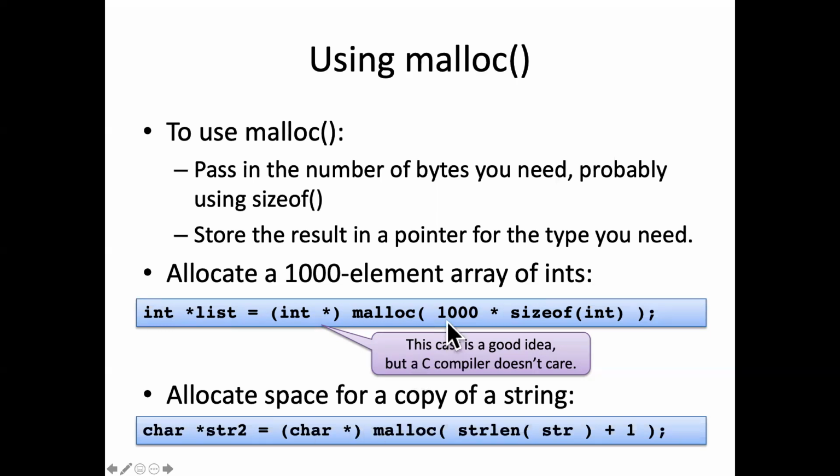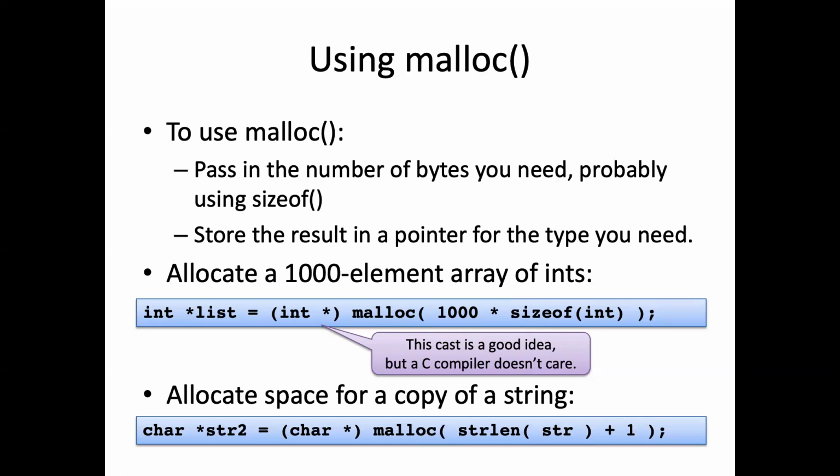If you think of this top example as making room for a 1,000 element array of ints, this bottom one makes room to copy a string. If you had a string str and you wanted to make a copy of it in memory, maybe you wanted to copy it from a local variable to memory that was going to be around for as long as you wanted, you can go to malloc and you just have to say how many bytes you need to hold that string.